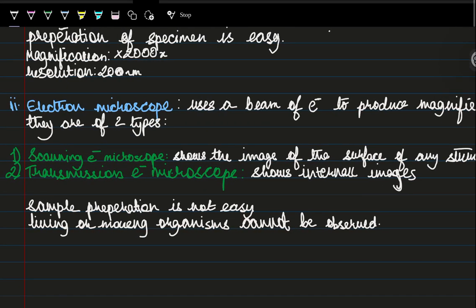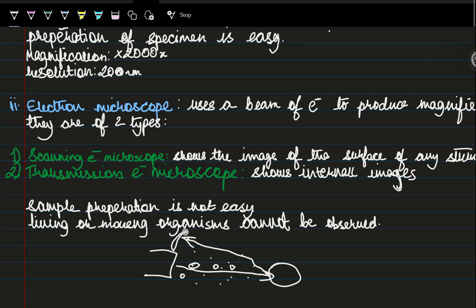Yes, because, see, in electron microscopes you throw, like, let's say this is the beam projector and you throw a beam of electrons. These are electrons, let's say. So the beam of electrons goes here and bounces off the sample, and then it goes to a receiver where it reads the pattern of the bouncing and makes an image.